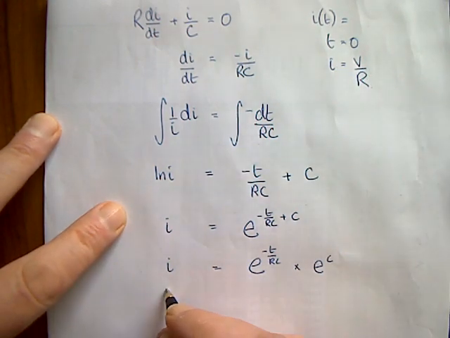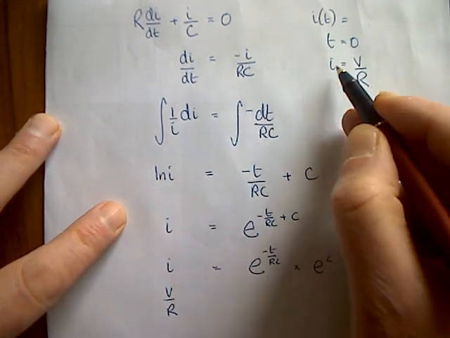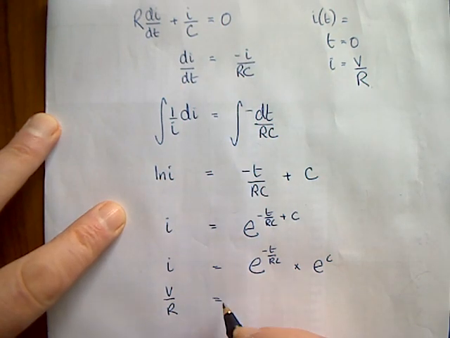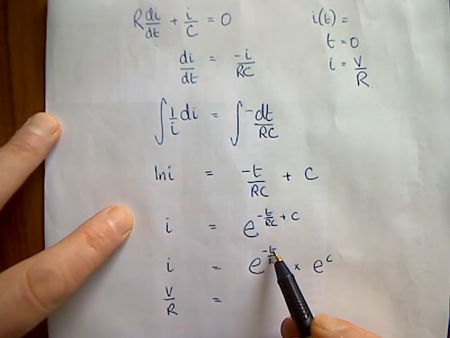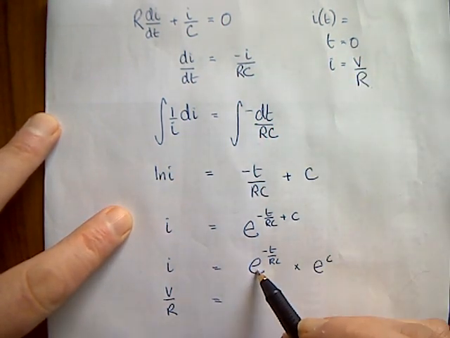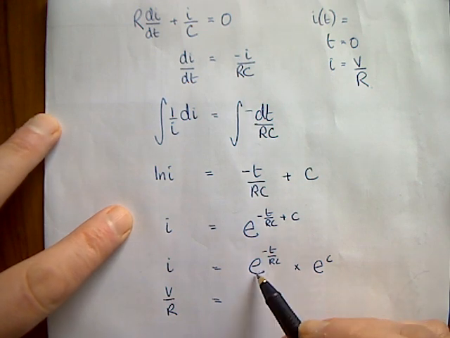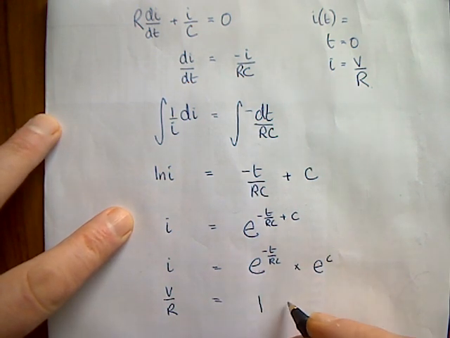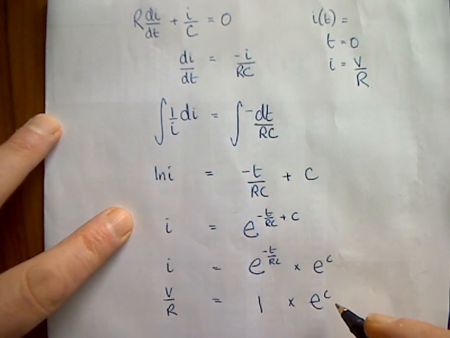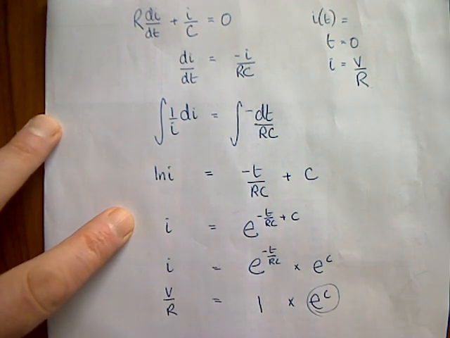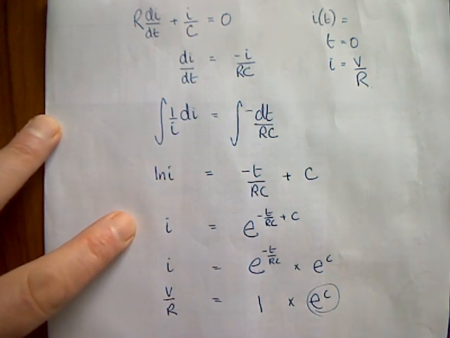So V over R, substituting I in for V over R, equals e to the minus 0 over RC, so e to the 0, anything to the power 0 is 1, times by e to the c. That constant you can either have as e to the c, or you could just have as another constant like A or something.